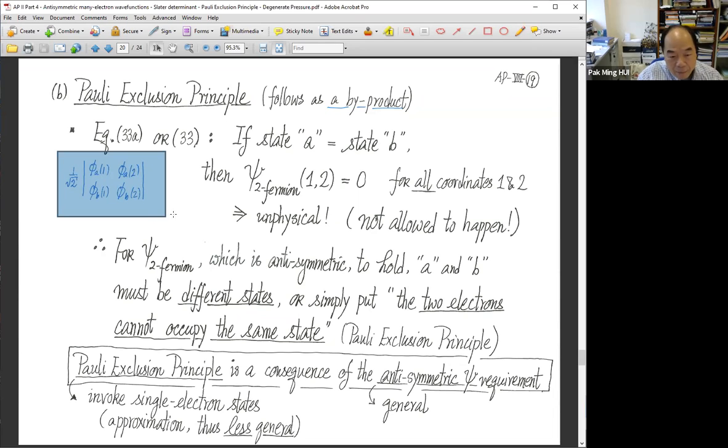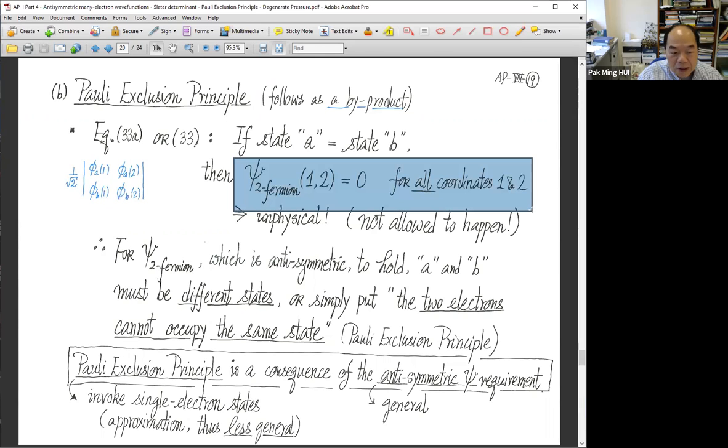Now, what if state A and state B are identical? Let's see what's wrong with it. When B is the same as A, this 2-electron wave function becomes identically 0. And this identically zero applies to all coordinates of 1 and 2.